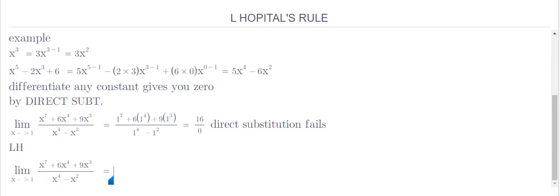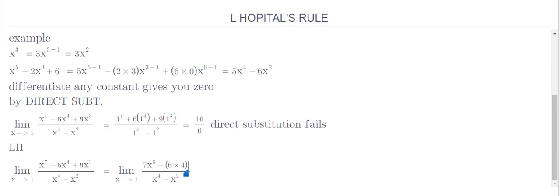Now when I differentiate numerator, the first one here is x power 7. So I said bring the power down, it becomes 7. x raised power, lower the power by 1, it is 7 minus 1, which is power 6. Then plus 6, bring the power down, it is 4, so it is 6 times 4.